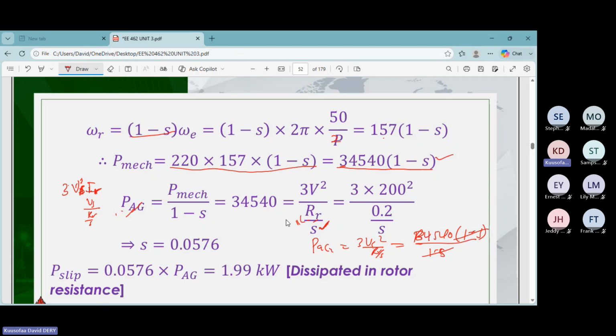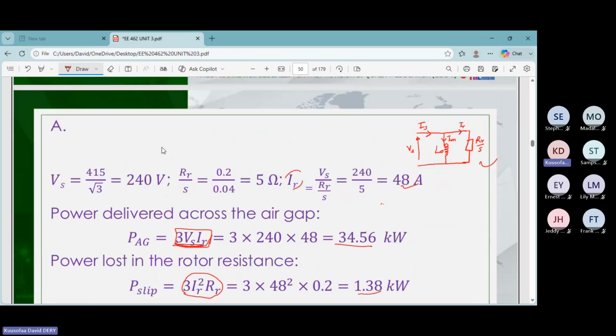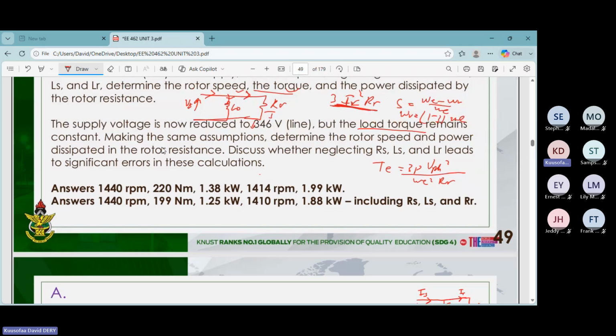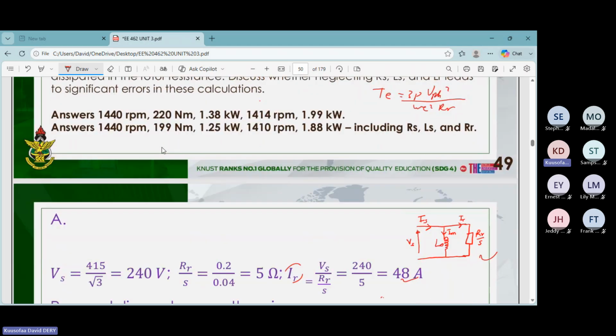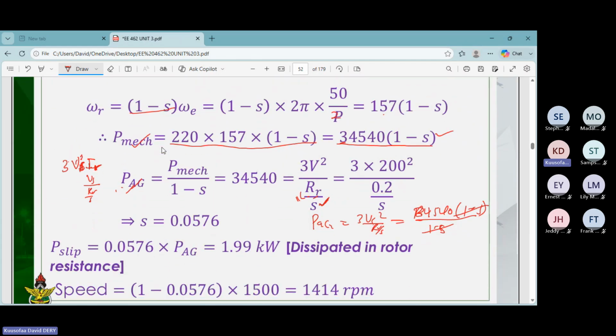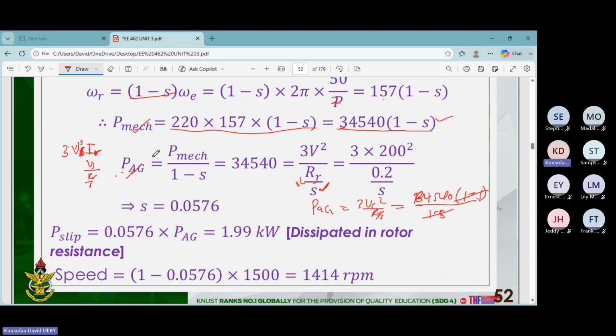When we get the slip, we can know the P mech 2, and with that, we can calculate for the speed, and we can also calculate for the power that is lost in the resistance. That is how you go about it. I don't know if that makes sense.